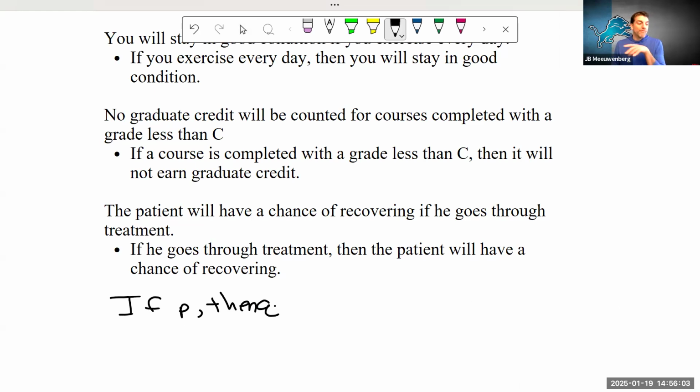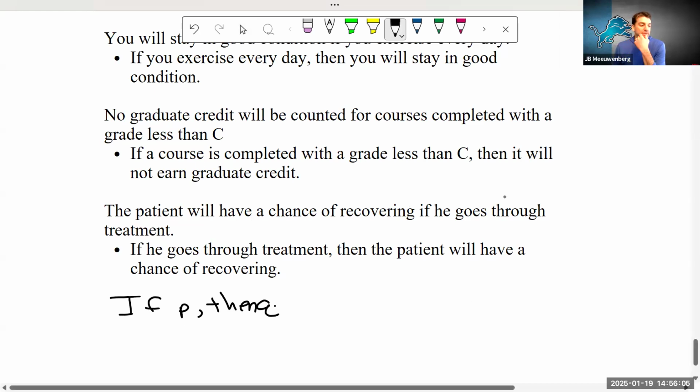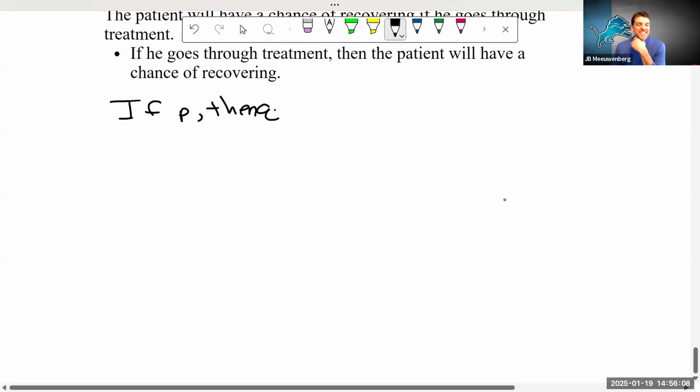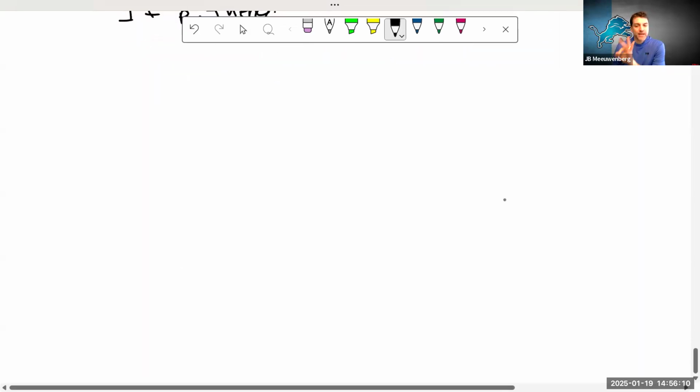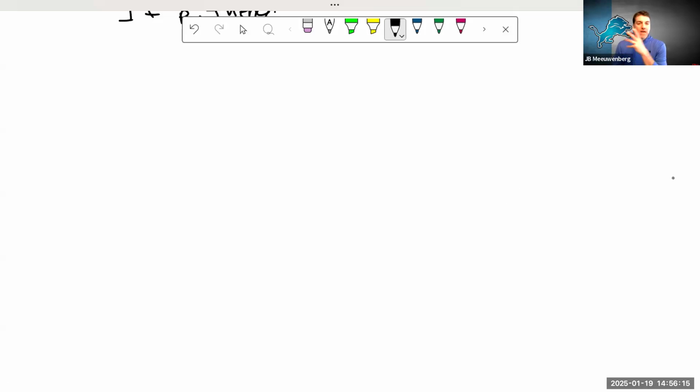Now, from every conditional statement, there are three related conditional statements that you can get by either interchanging or flipping and flopping the if and then parts, or negating. What does negating mean? Not, using the word not, if something does not happen. So by using the word not and also switching the P and the Q, we can come up with some related conditional statements.